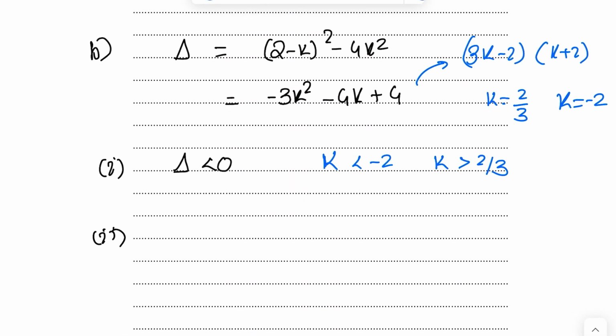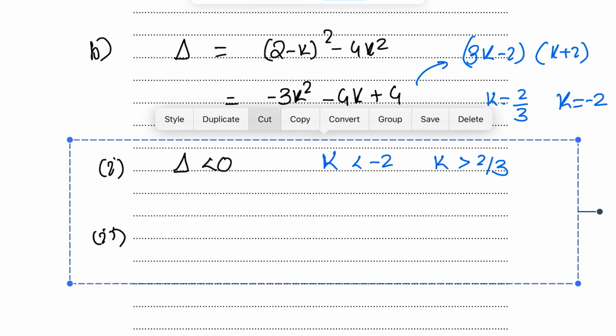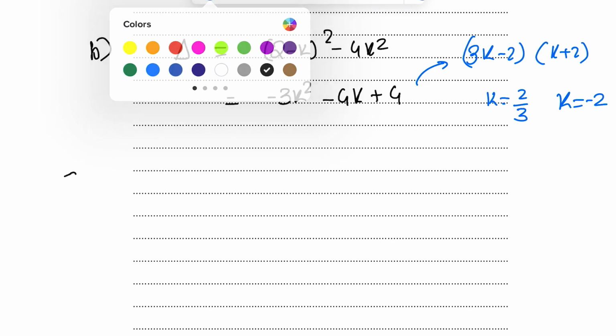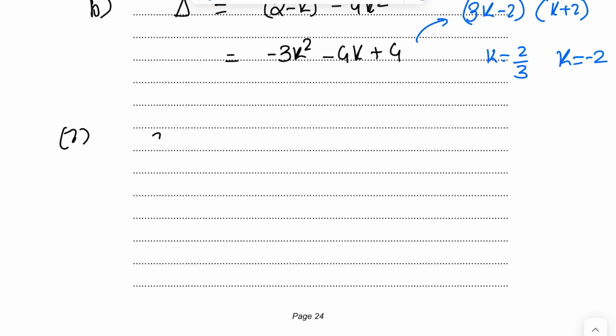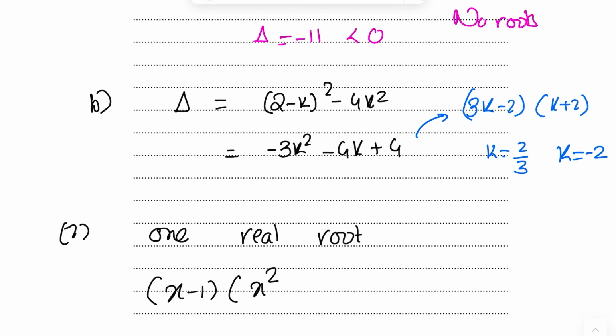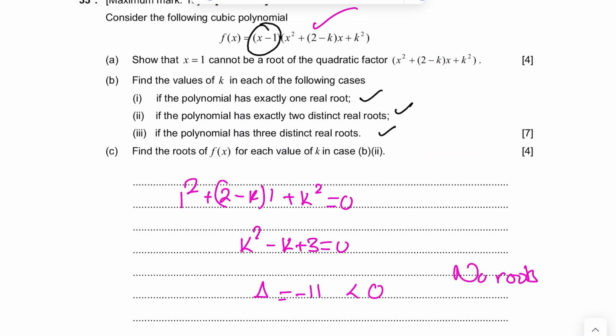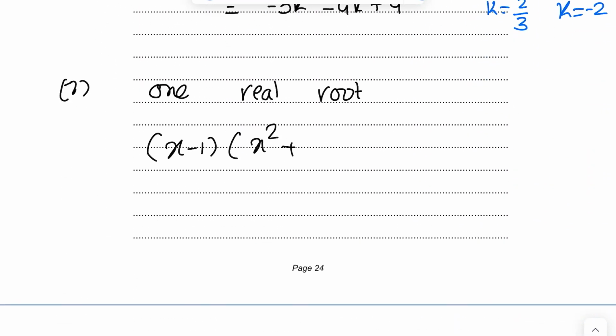So basically, in order to make you understand in a proper way, let me do it once again. It is being asked as one real root. What was the question? The question was x minus 1 times x square plus 2 minus kx plus k square.